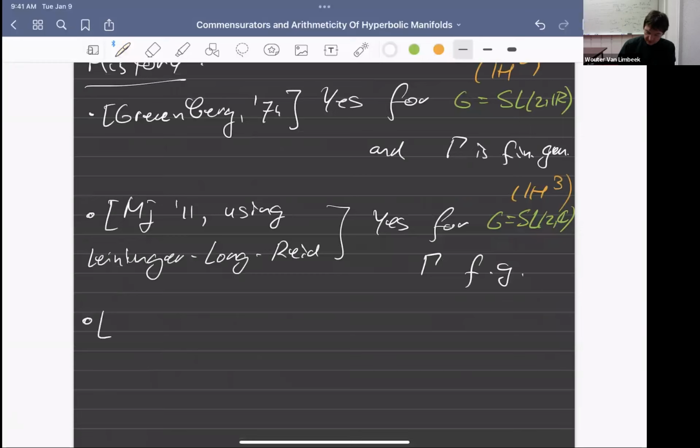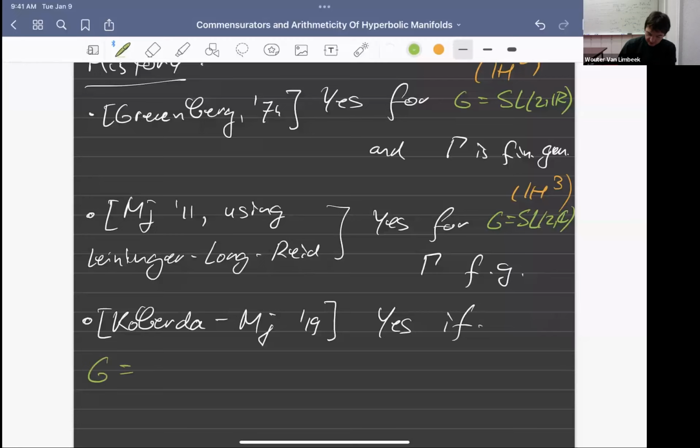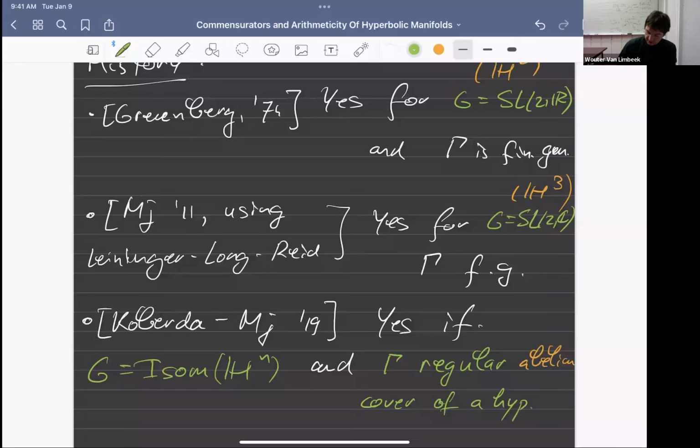Then Koberda and Mahan. So we keep going, skipping ahead in time, they prove that yes, now they get any dimension, and gamma should be a regular abelian cover of a hyperbolic manifold.